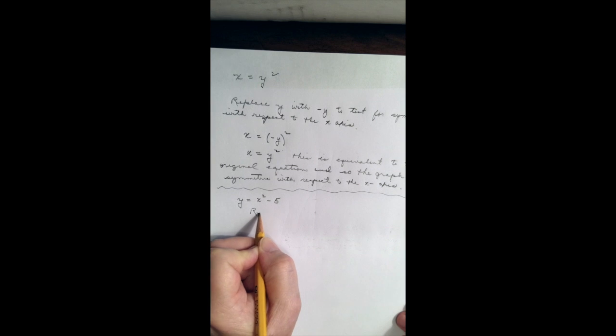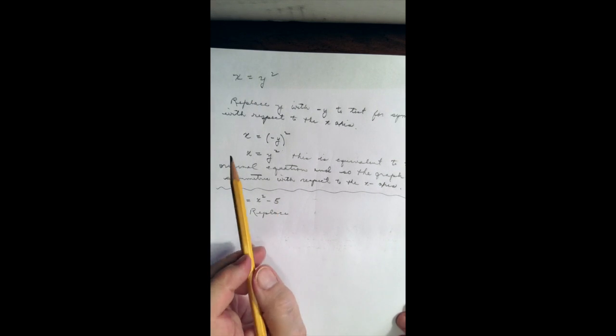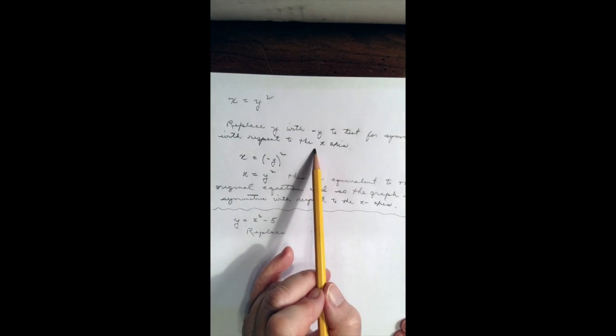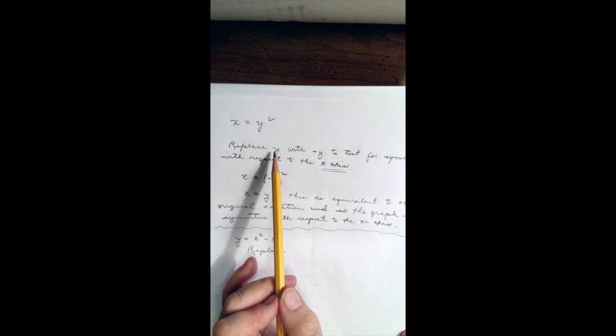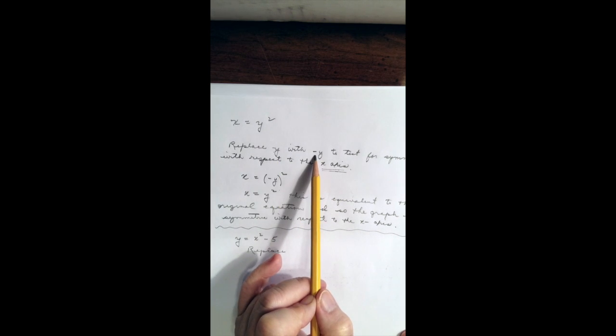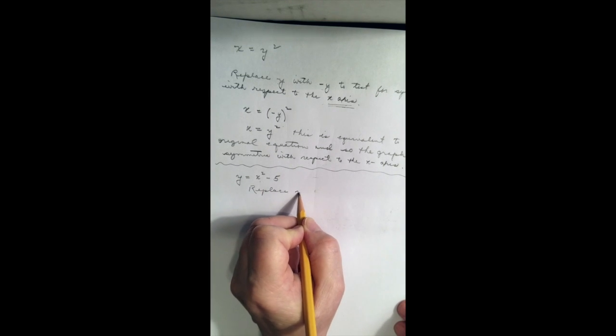So if you notice, it's the opposite variable. If we're testing for symmetry with respect to the x-axis, as we did above here, we replace the opposite variable with its negative. Here, we're testing for symmetry with respect to the x-axis, so we replace y.